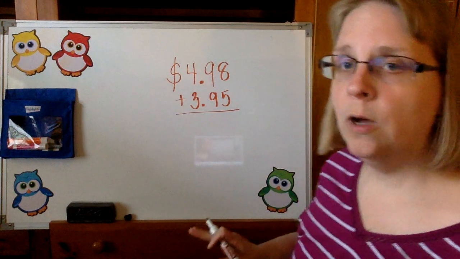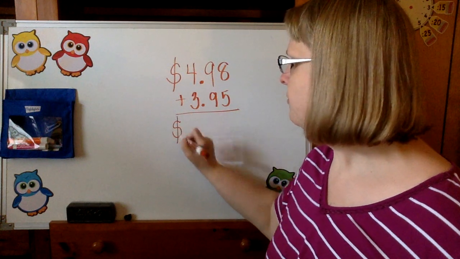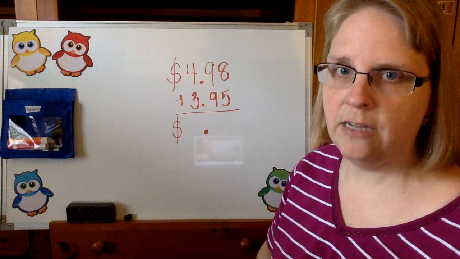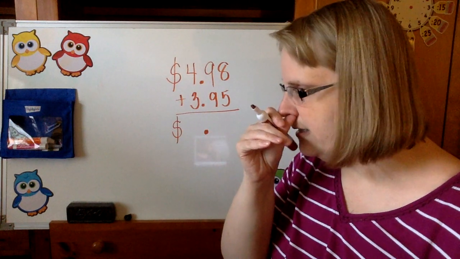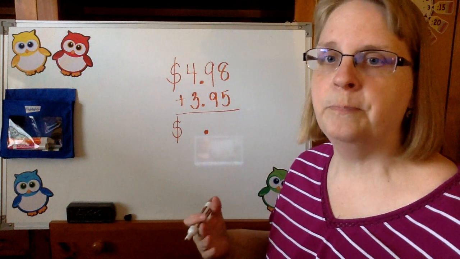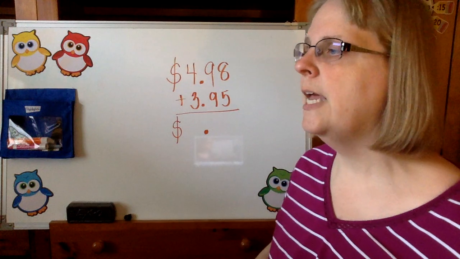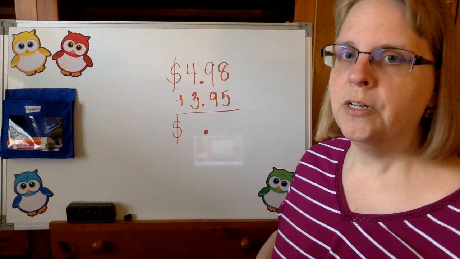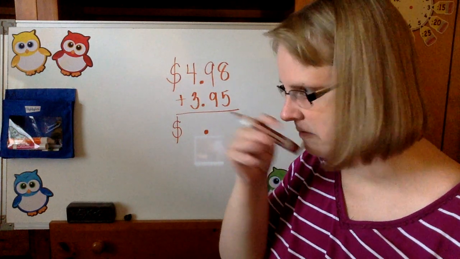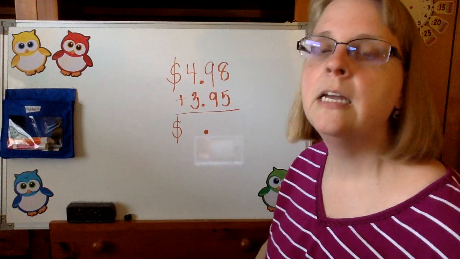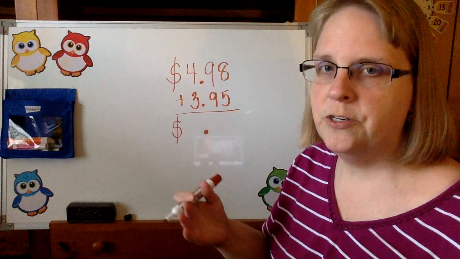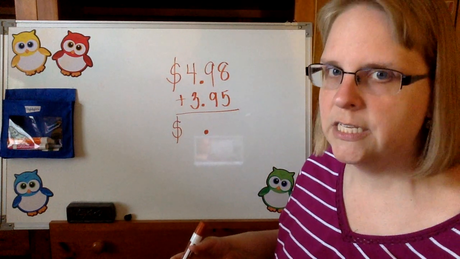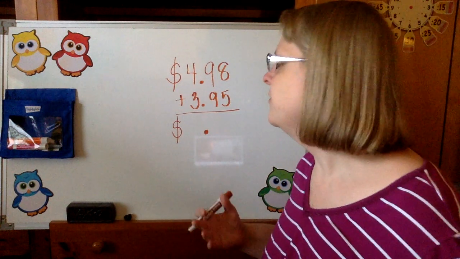All right. Now, if you want, you can bring your dollar sign down in your amount for your final answer, and you can also bring your decimal point down. Then that's already out of the way, because if you're working in retail that doesn't have a cash register someday, and you're doing everything by hand, or you're doing your checkbook, or you're just doing something in your head, you want to make sure that you're remembering that you're adding, in this case, $4.98 plus $3.95, not $498 and $395.